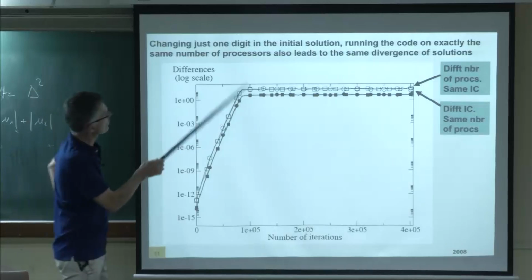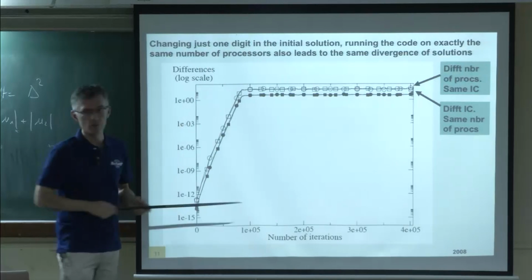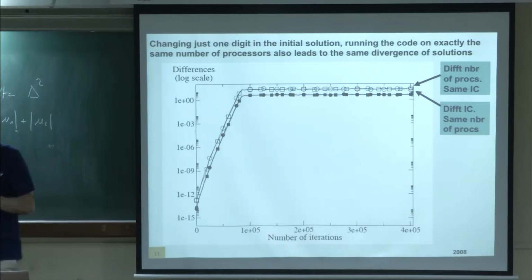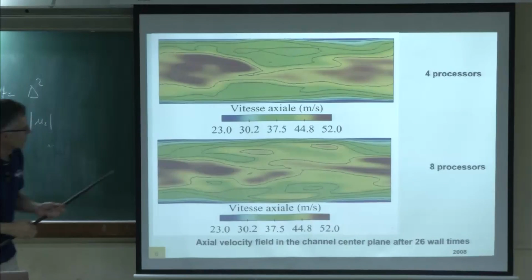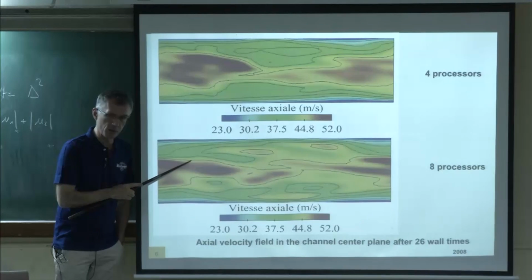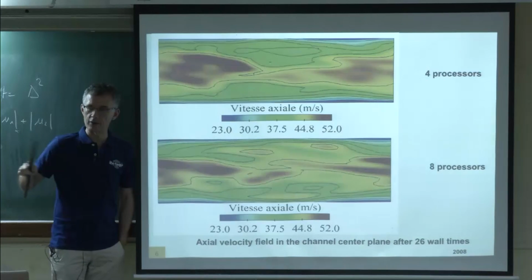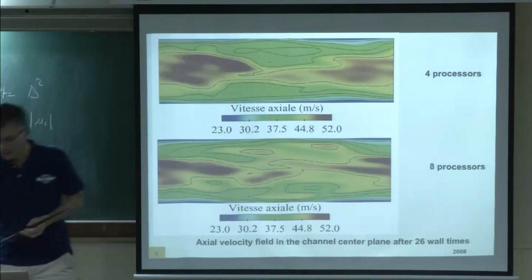And then we did something else. We just took the code and we changed one digit in the initial solution. So we went on one point in this flow, in the initial solution, and we said the velocity of this point is the same plus 10 to the minus 16. Well, that's sufficient.